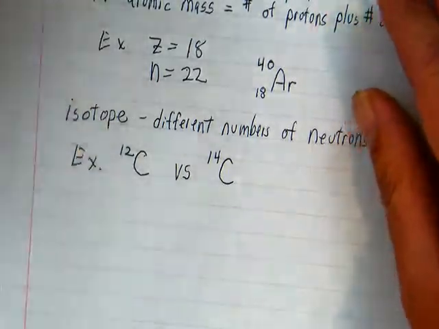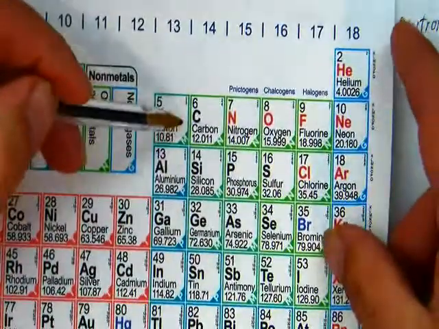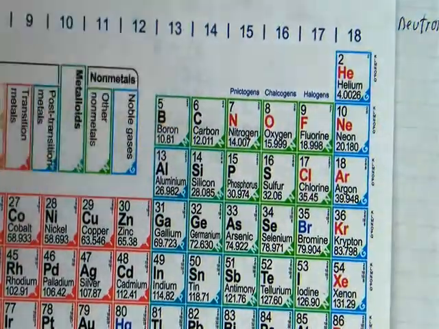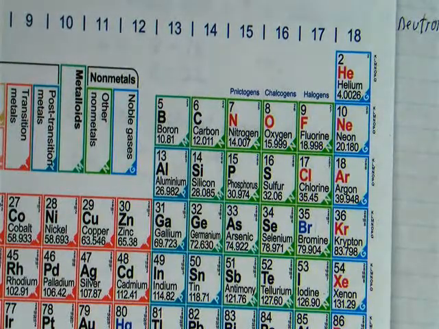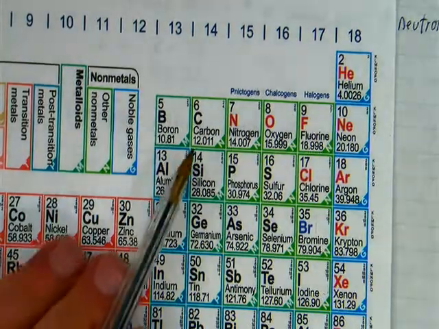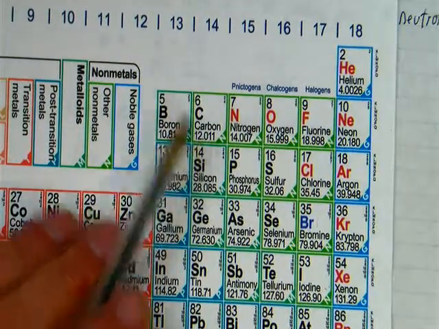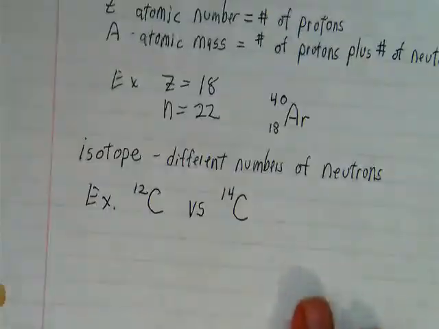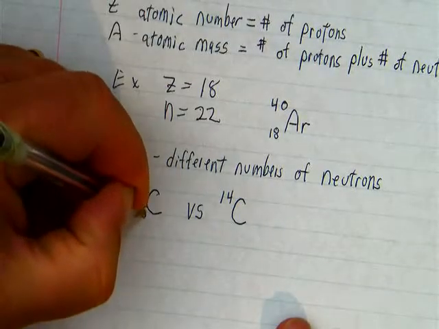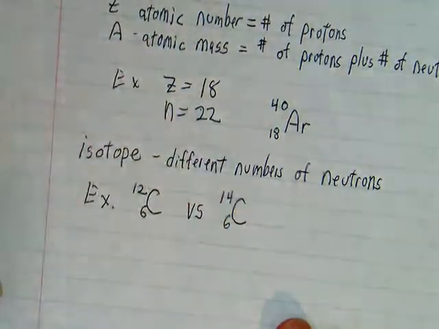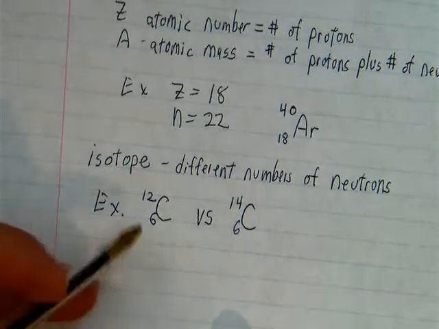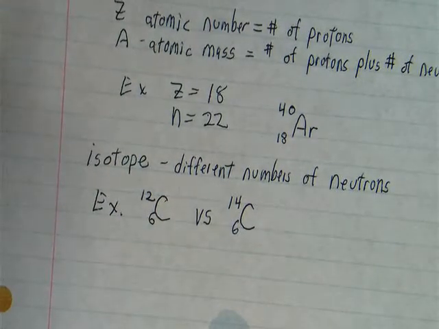Carbon, by definition, has 6 protons. Carbon is atomic number 6. So by definition, it has 6 protons. Any atom that has 6 protons by definition is called a carbon atom.